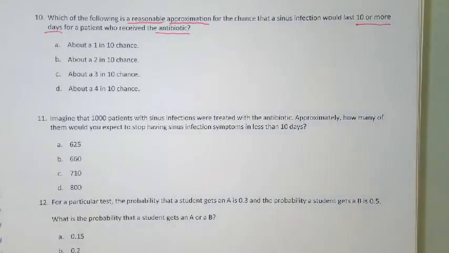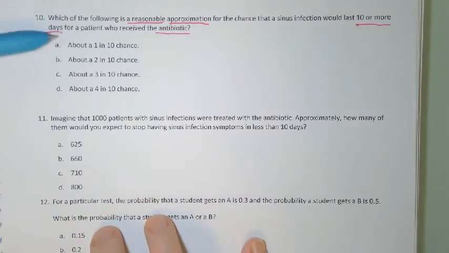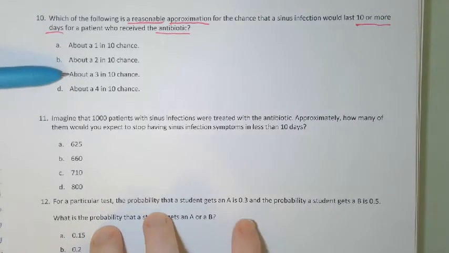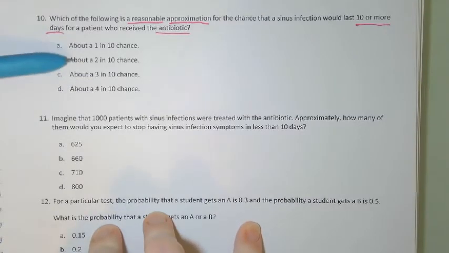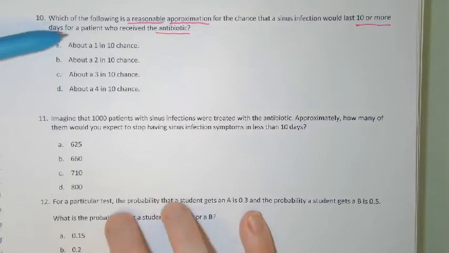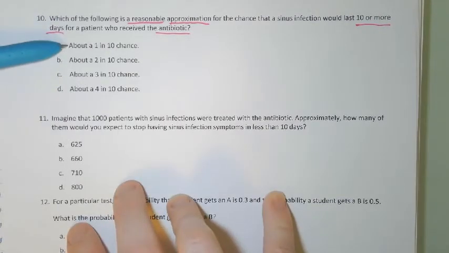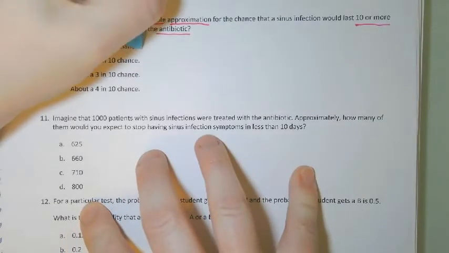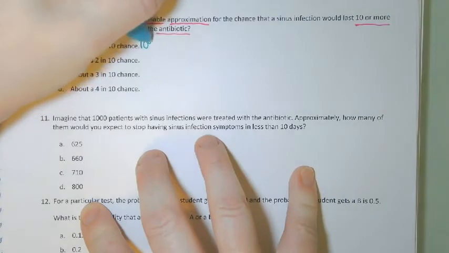So one thing we might want to do is think about what each of our answer choices would mean, or how it would be represented as a percent. So A says about a 1 in 10 chance. That means we're looking for something that's around 10%.